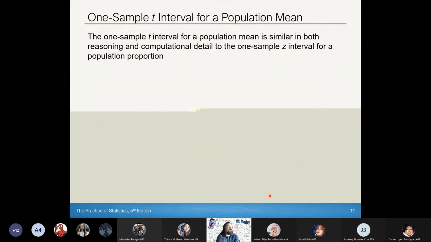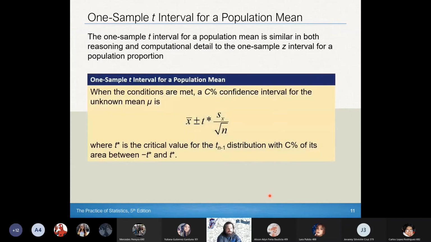So we then have the one sample t interval for a population mean. It is similar in both reasoning and computational detail to the one sample z interval for a population proportion. This is something you're going to want to write down and get used to. When the conditions are met: random, 10%, normal, large counts, essentially normal, large sample.